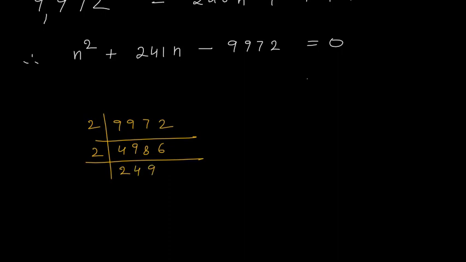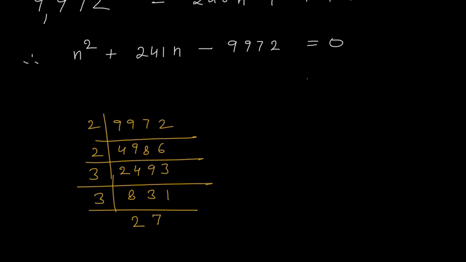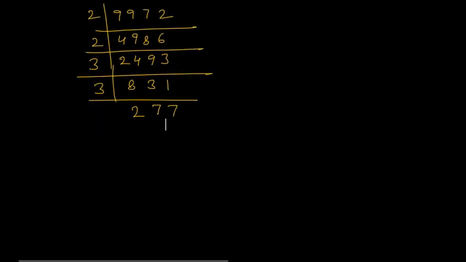Now 4 plus 2 is 6, so it can be divisible by 3. 3 times 8, 3 times 3, and 3 times 1. Now 831, by what number can we divide? 3 plus 1 is 4, 8 plus 4 is 12, so again we can divide by 3. So 3 times 2 is 6, 3 times 7 is 21, 277. Now this 277, with what can we divide?